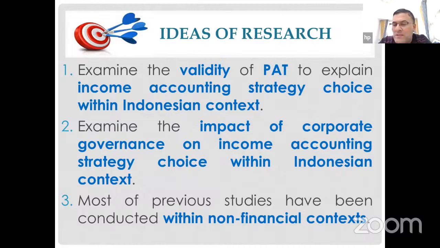Corporate governance is supposed to be a tool to solve this kind of issue, the opportunistic use of accounting practices. So in point number 2, I suggest a topic to start thinking about for your paper: examine the impact of corporate governance on income accounting strategy choice within the Indonesian context, or you can choose another context if you're interested in doing this research in another context.